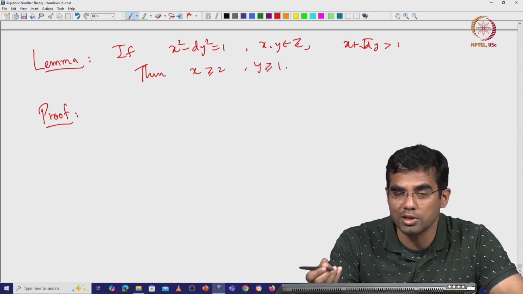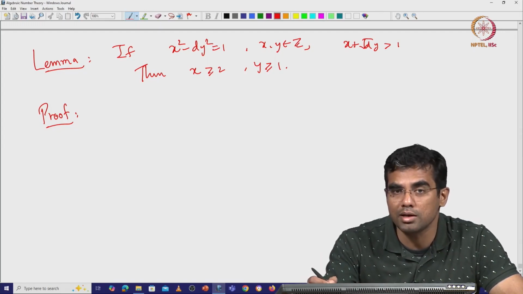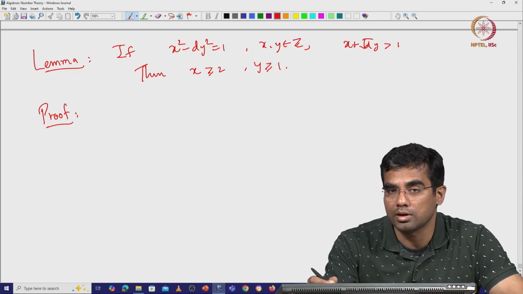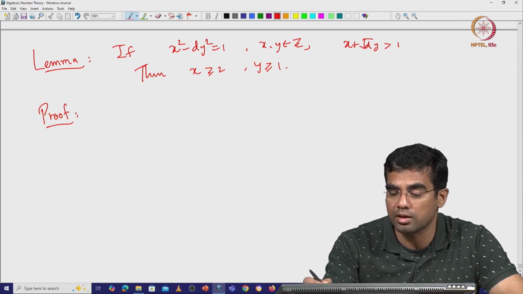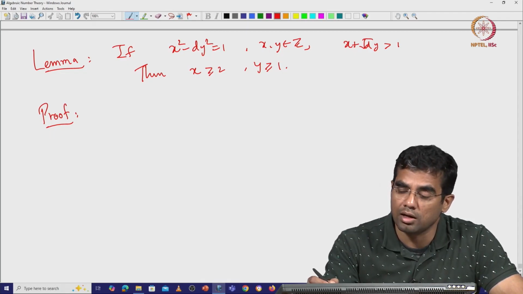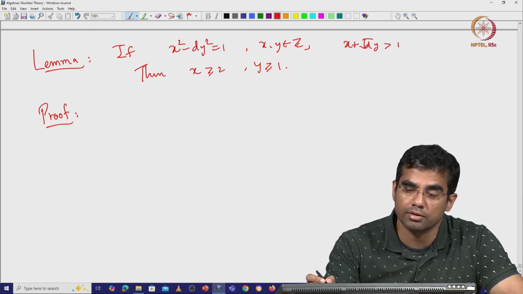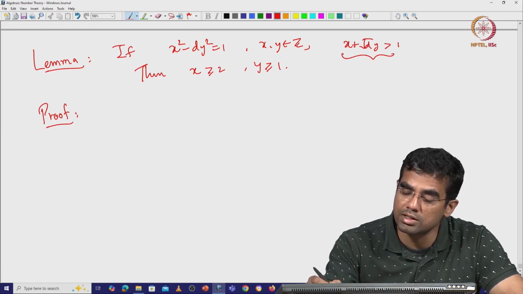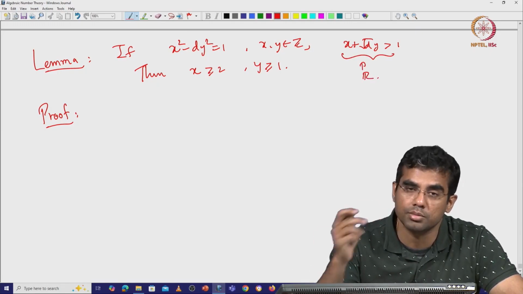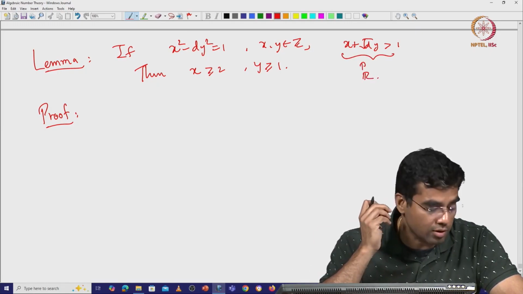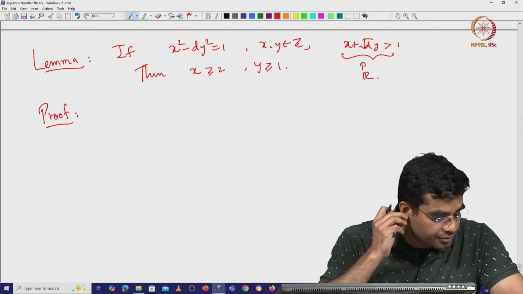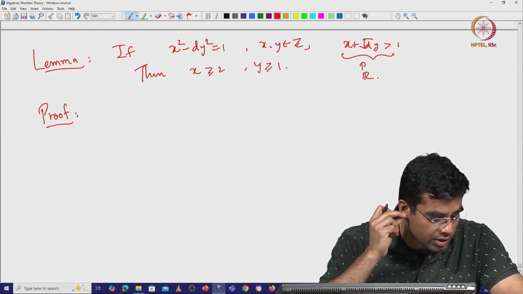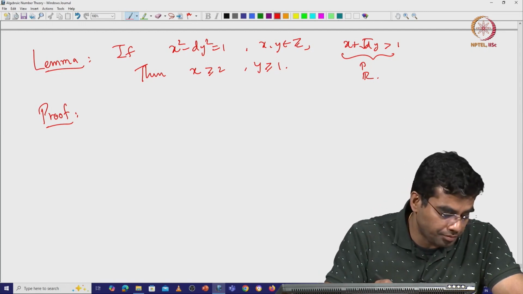The conclusion tells me that it cannot happen, but a priori it can happen that x is positive, y is negative, or x is negative, y is positive, and that is why I am getting this real number to be bigger than 1. So, the thing to notice is that this is inside real numbers. I could not do this for complex numbers if d were negative. Okay. So, how do I do this?